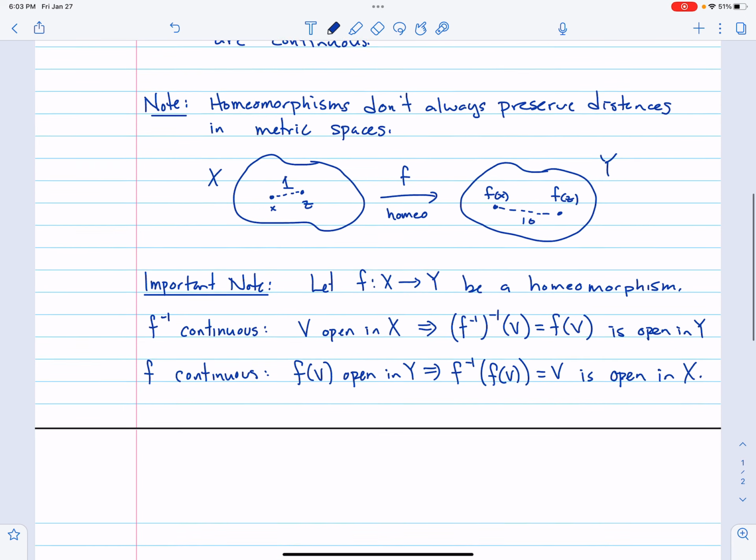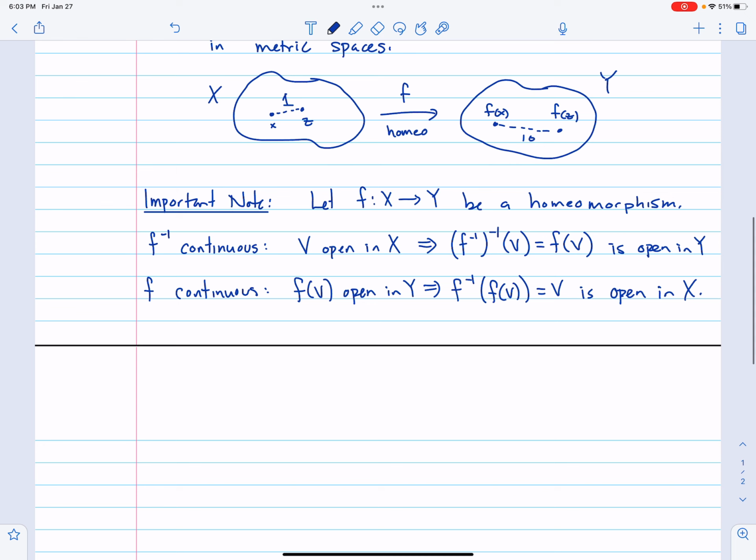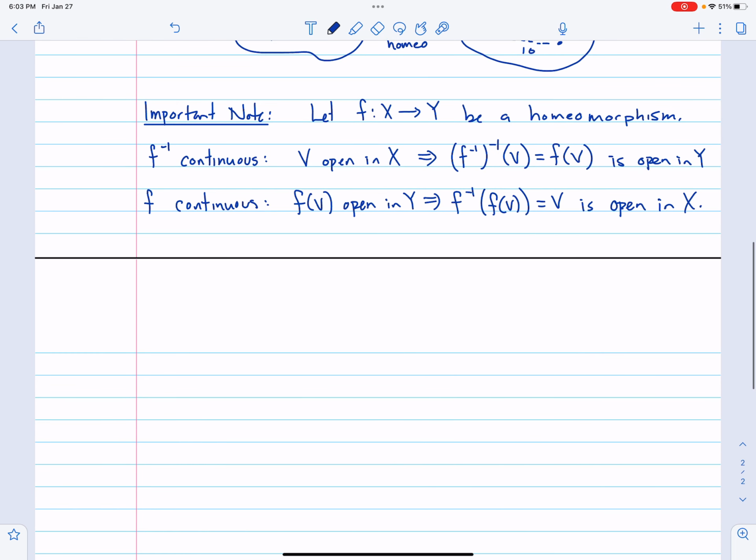So what does this tell us? Essentially, if you combine these two statements, this tells us that V is open in X if and only if f of V is open in Y.